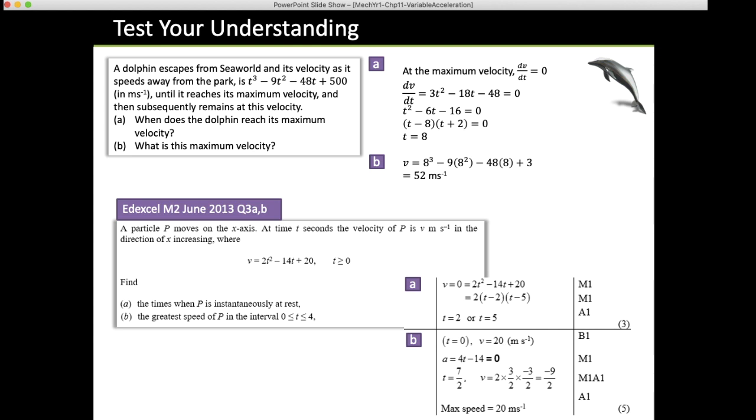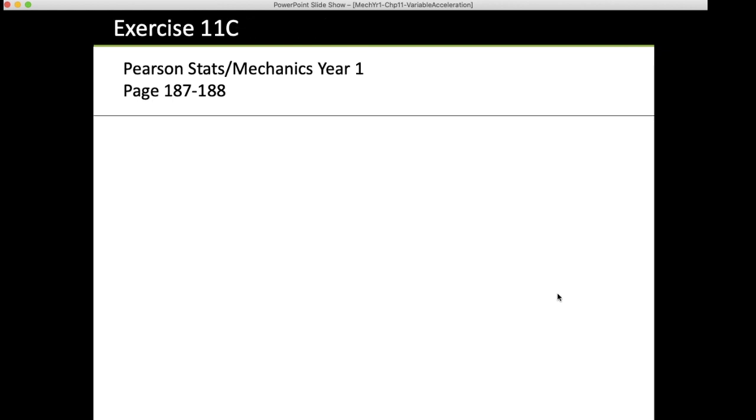They've also worked out the acceleration when it's 0. I would also work out what this is at 4 just to make sure that you can check. If we sketch the graph, they're not going to sketch the graph because it's in the mark scheme. But here we've got a maximum speed of 20. 5 marks, that's worth there. So quite a few marks. Brilliant.